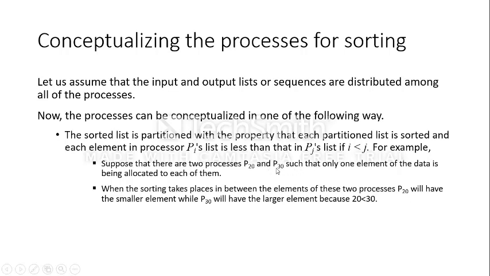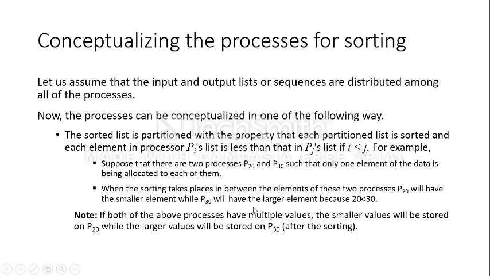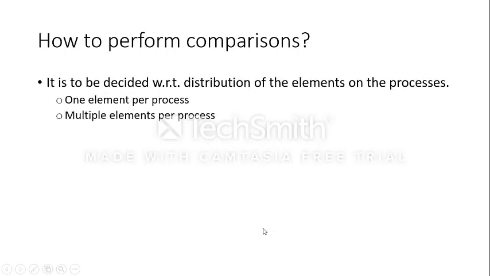Same thing: if both processes have only a single element, then the smaller value will be stored at this node, while the larger value will be stored at this node. And if both processes have multiple values, then the smaller set of values will be saved at the process P20, while the larger values will be saved at the process P30 after the sorting.